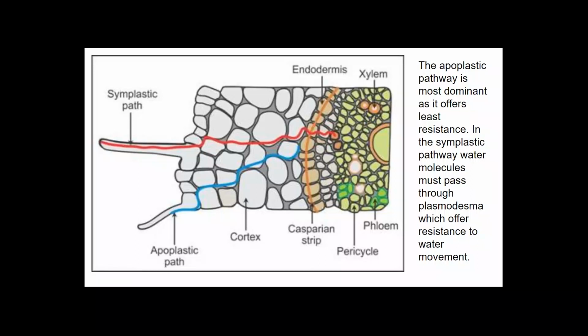But once it goes to the endodermis, it's forced into the cell because of the Casparian strip, which is this structure here.